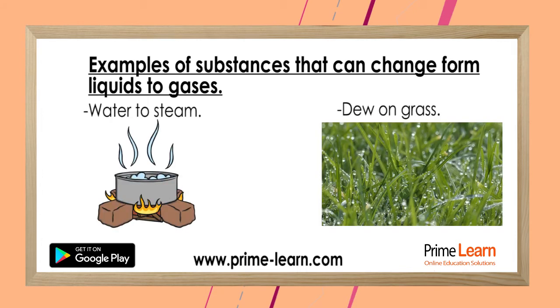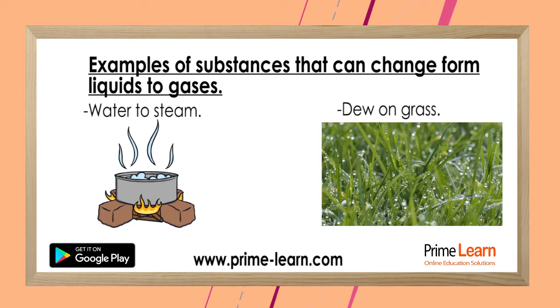First of all is water to steam. My dear friend, we have a very common example here. Have you ever put water in a kettle and set it on fire? This reminds us that in order for evaporation to take place, there must be a source of heat.